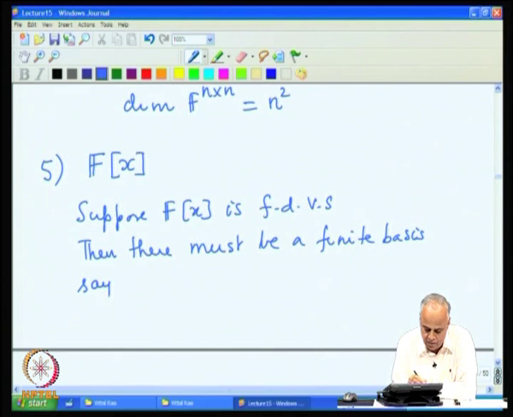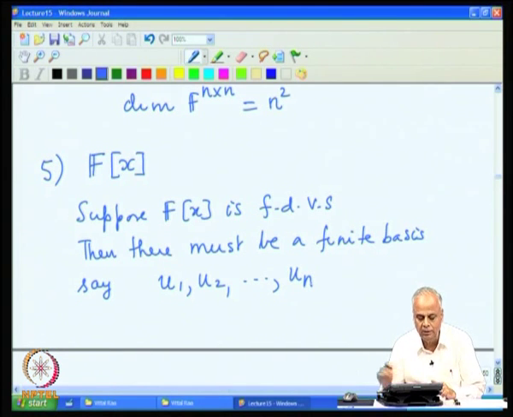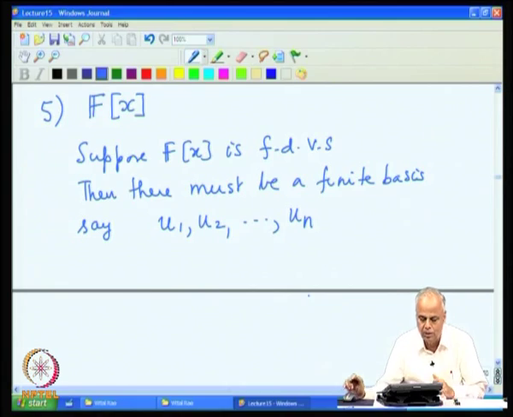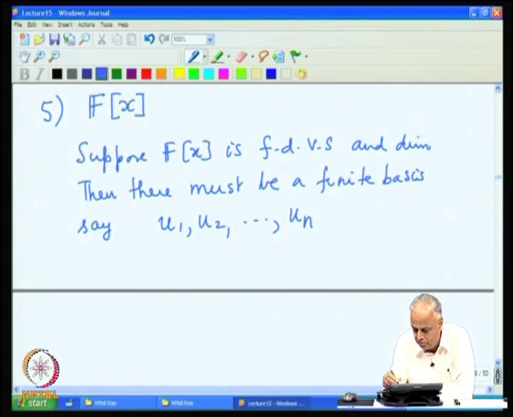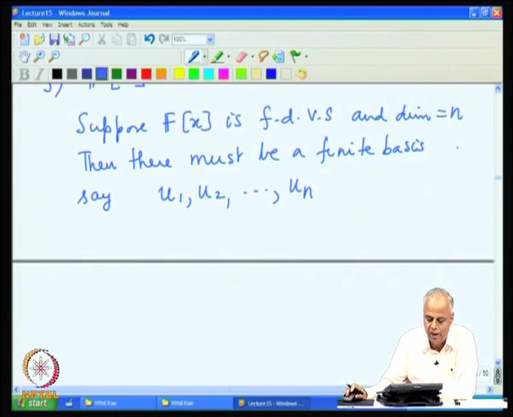Say u 1, u 2, u n, say n is the dimension and say there are n bases. So, let us suppose it is a finite dimensional vector space and dimension is n, then it must have a finite basis consisting of n vectors.